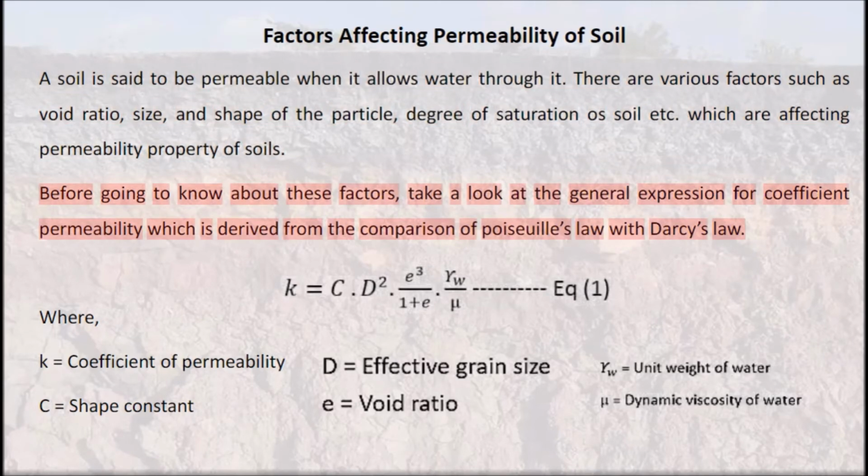Before going to know about these factors, take a look at the general expression for coefficient of permeability, which is derived from the comparison of Poiseuille's law with Darcy's law, where k equals coefficient of permeability and C equals shape constant.